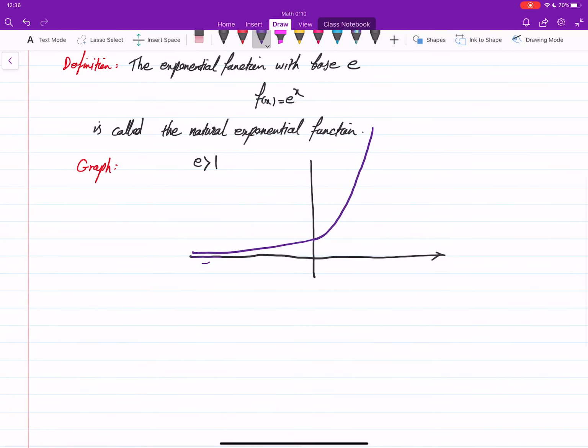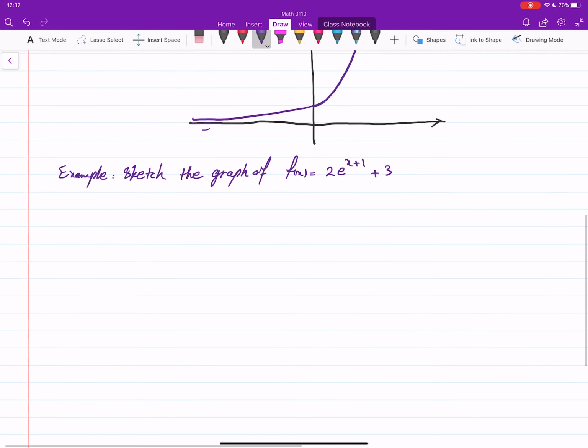Let's just, as an example, try to sketch the graph of f of x equals 2 e to the power (x plus 1), and then plus 3. Let's try this one.